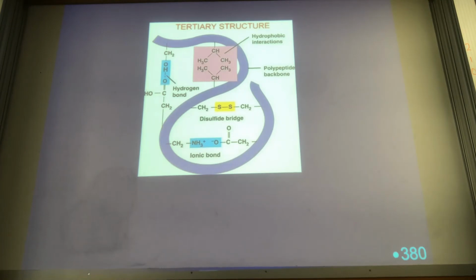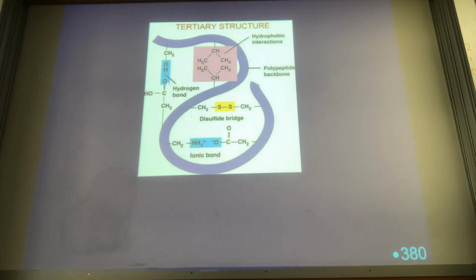So, depending on what the R group is, we can have lots of different things happening. We can have hydrophobic interactions, dispersion forces between two non-polar R groups. We can have hydrogen bonds formed, where we've got a hydrogen bonding proton in the polar groups like the amides and the hydroxyls.